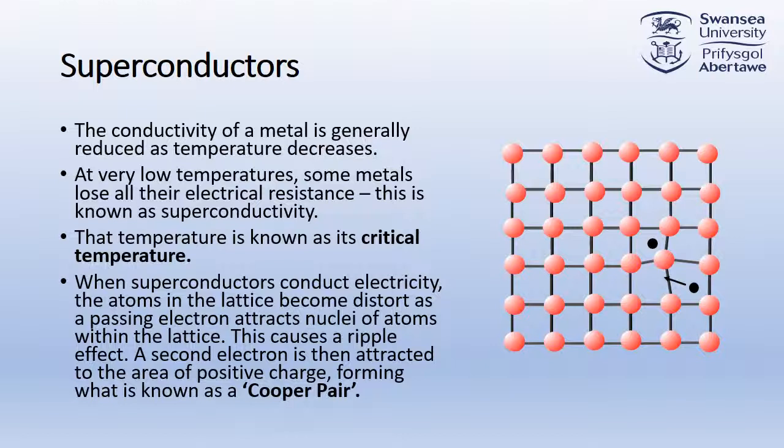Then another electron is attracted towards that slightly positive region. So these electrons like to mosey on through together. It's a bit like following the cool kid at school. Basically, you have less resistance. The Cooper pair move through together, and as they do this, they're less affected by the vibrations of the atoms within the lattice. So this is how a superconductor works.